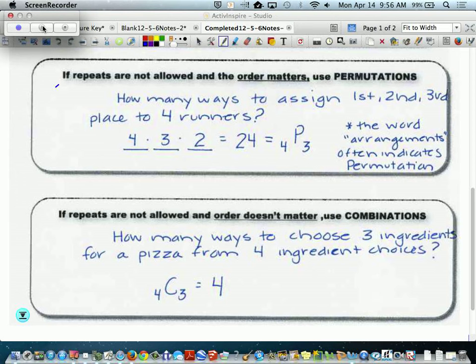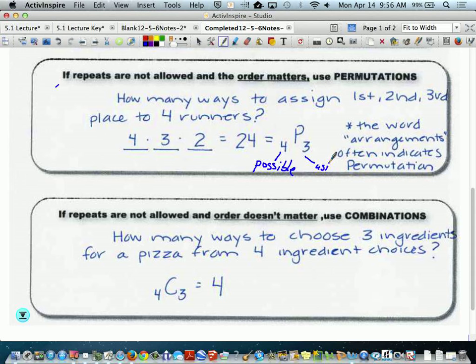But mathematically, a quicker way is to do the 4P3, which means the possible number goes here, and this is how many we're using to determine the group.